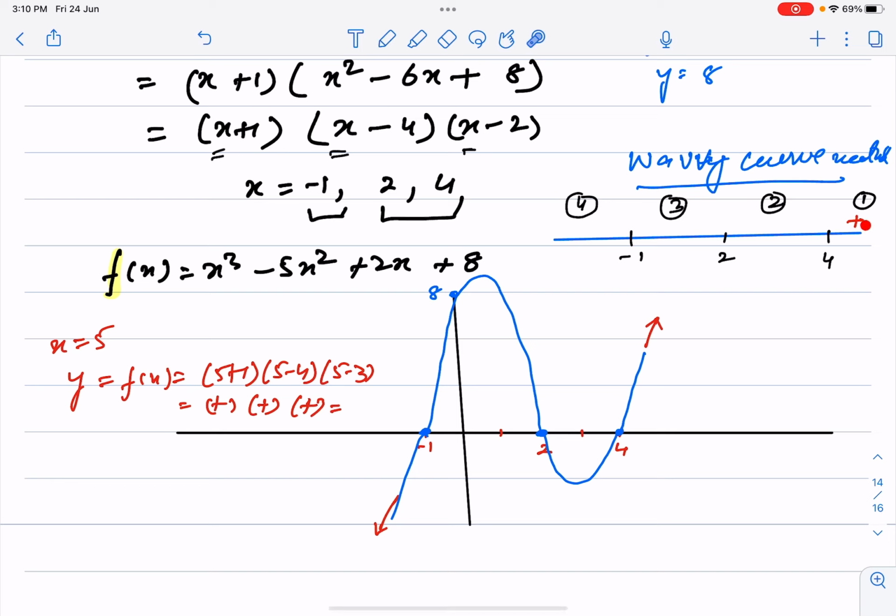I hope you get my point. Between the roots the signs generally alternate, so they will be negative, positive, negative. Note that these alternating signs will be there only if the power of each factor is 1.